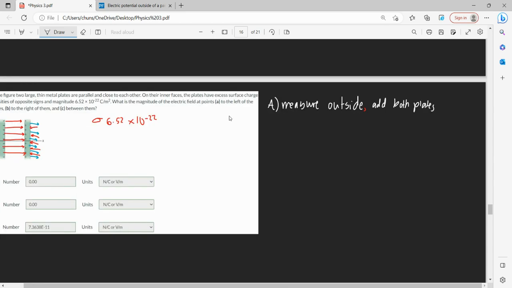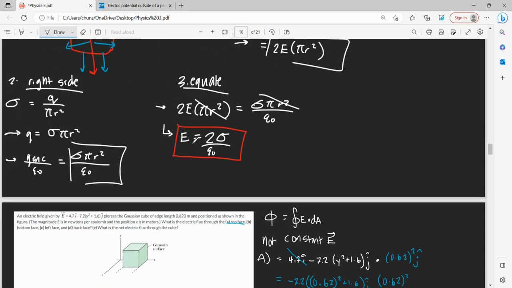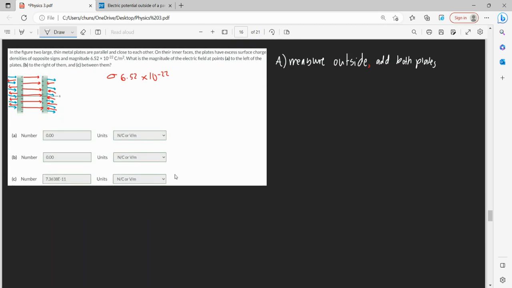So we know from our previous notes, for our parallel plates, the field is given by 2 of our surface charge density over epsilon naught. So let's write that out.